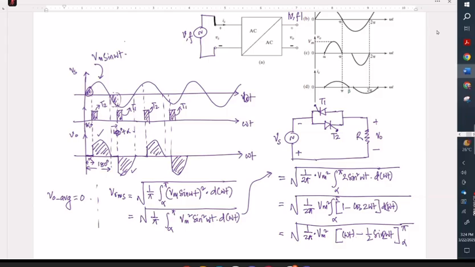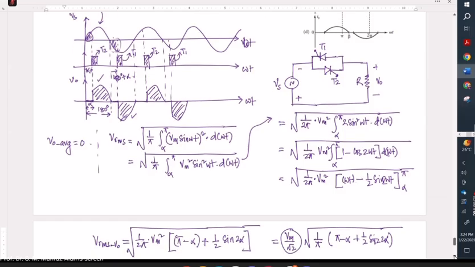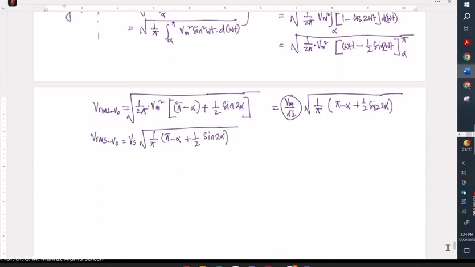Whenever your alpha is zero, what should be the value? From equation 1, if alpha is 0, this term becomes 0, and sine 2 alpha also becomes 0.